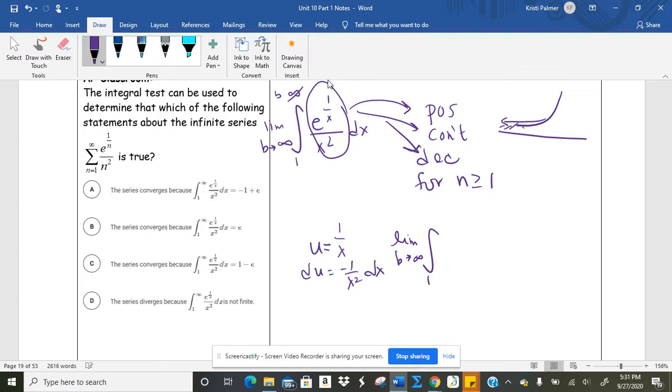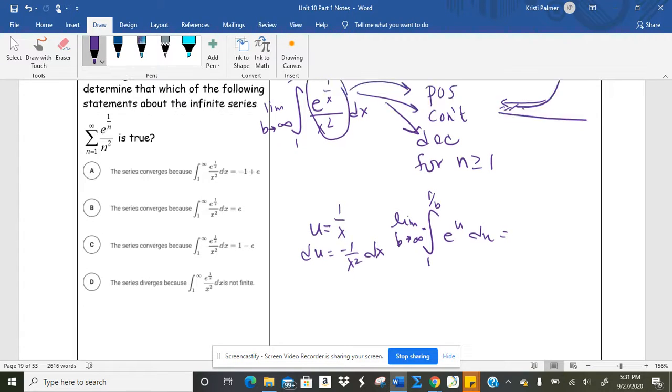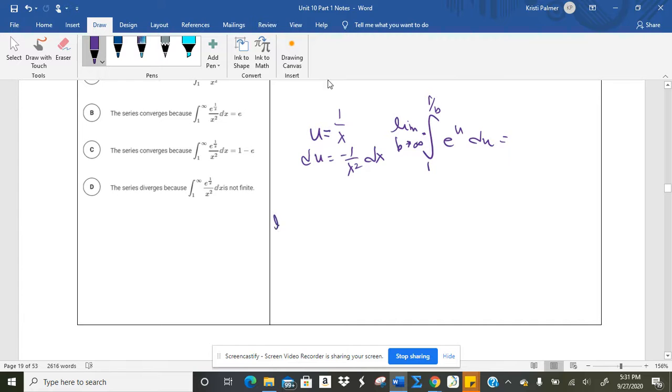So let's see now, if I put in b, then this would be 1 over b. And then we have this e to the u. And then we almost have this. We're just off by the negative, so I can put it out in front, du. So we're super close. So this is going to be the same as the limit as b goes to infinity.